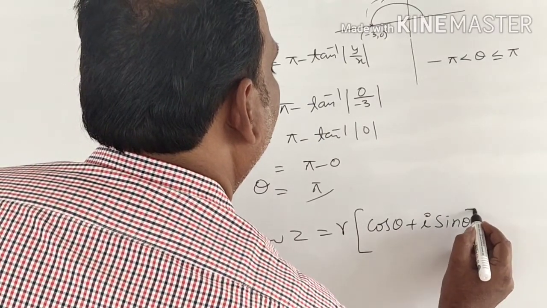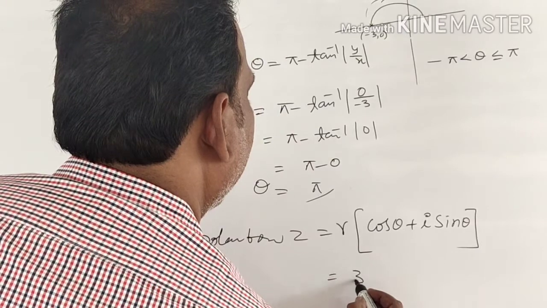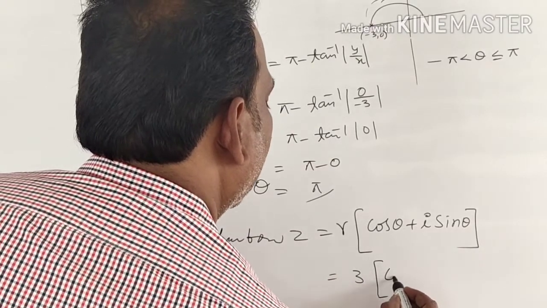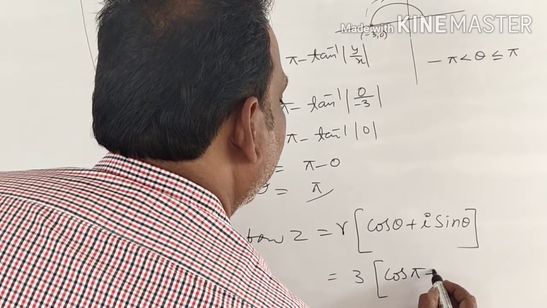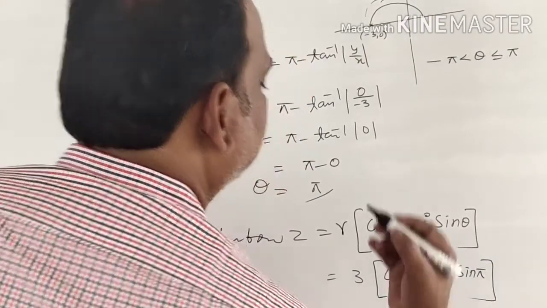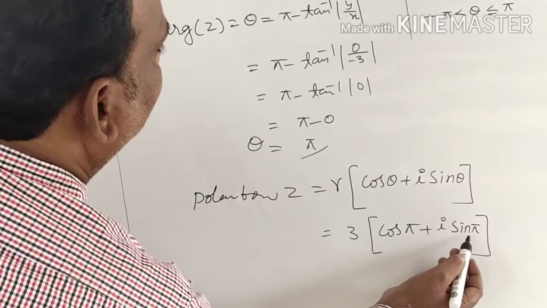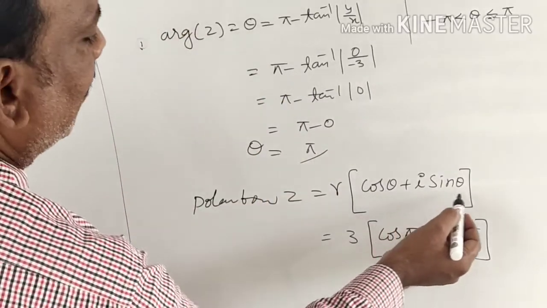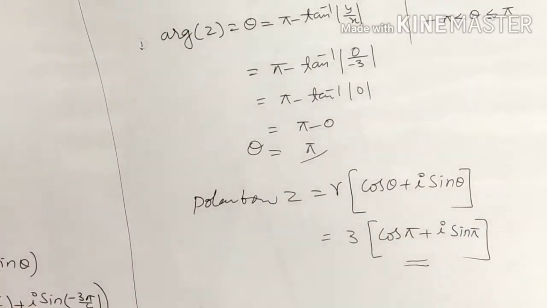So you got the r value 3, into cos of theta value pi plus i sin pi. Replace the theta value and the r value in this formula, which is called the polar form of a complex number.